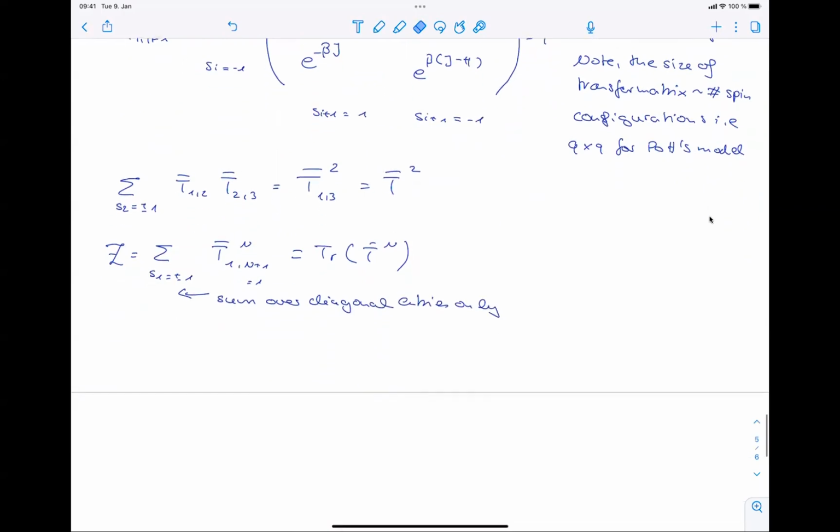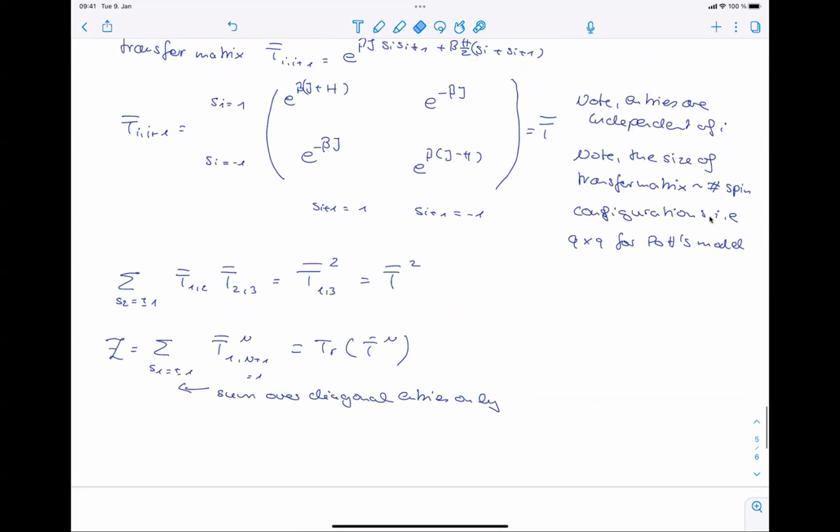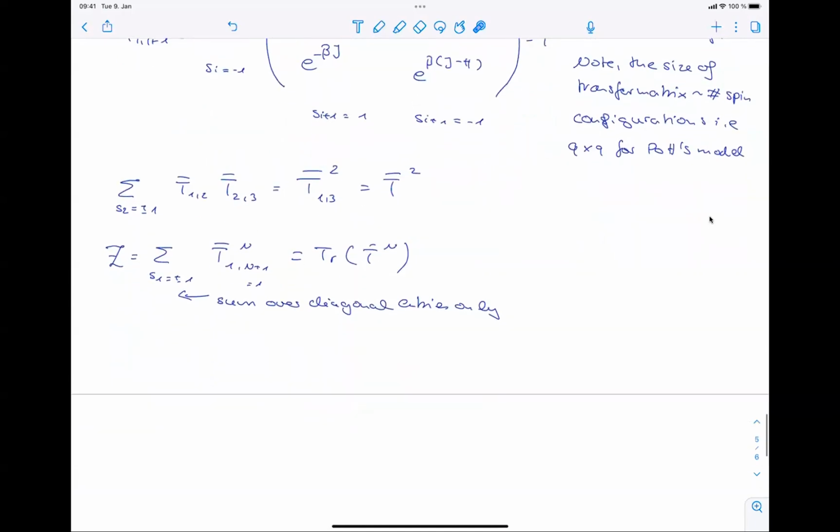That's a trace. And so this is very cool, because now we can actually say a lot about also very different systems. If we're able to find this transfer matrix, then the partition function for periodic boundary conditions is just given by the trace of the transfer matrix to the power of the number of lattice sites in 1D.